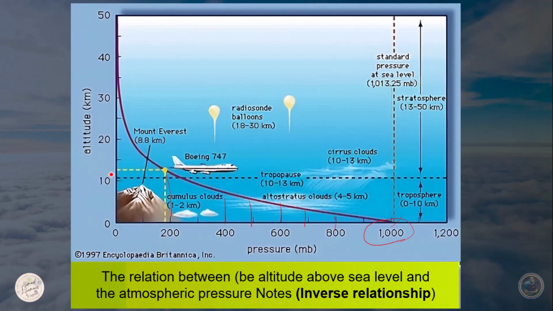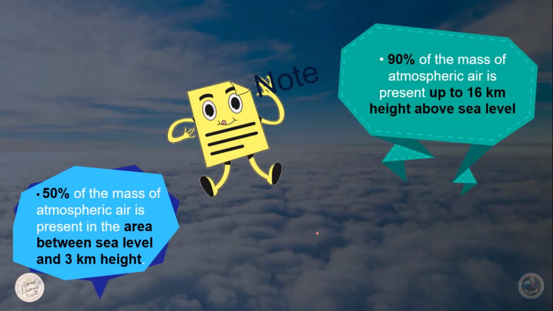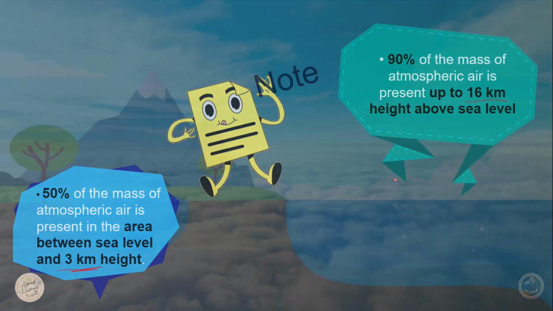Actually, at Mount Everest, which is 8 kilometers high, the pressure is about 200 millibar. And note that 50% of the air mass exists in the area above sea level up to about 3 kilometers, and 90% of the air mass exists up to 16 kilometers.